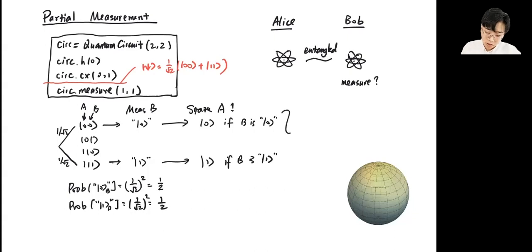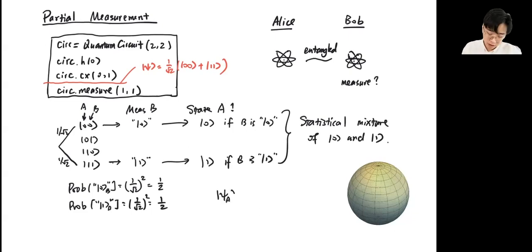So the state of Alice sounds like a statistical mixture of 0 and 1. In other words, Alice's quantum state is 0 with probability 1/2 and 1 with probability 1/2.